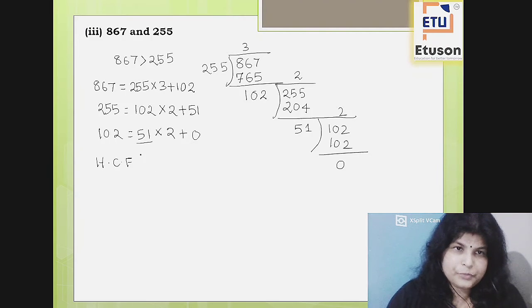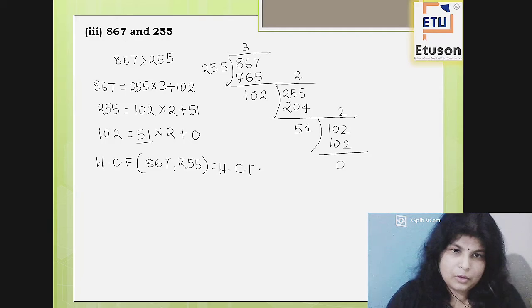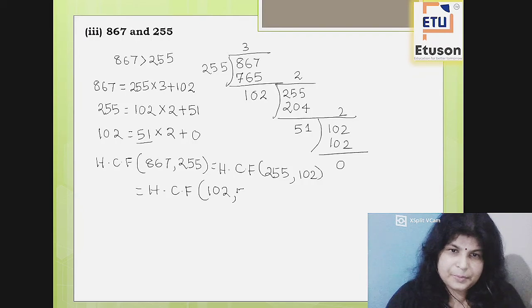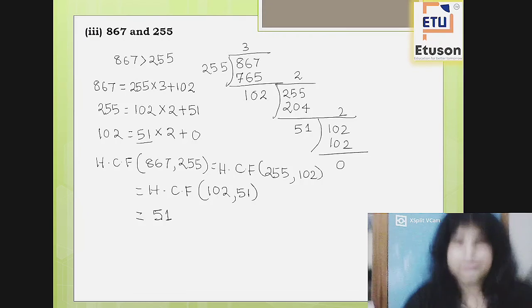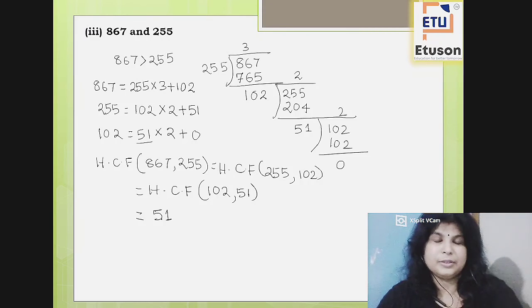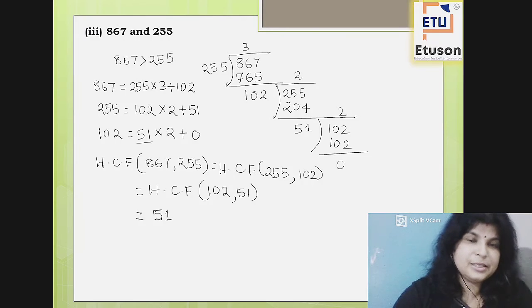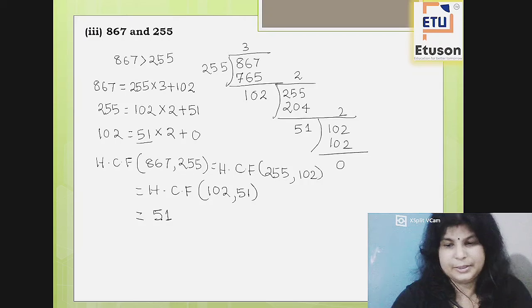So HCF of 867 and 255 is equal to HCF of 255 comma 102 is equal to HCF of 102 comma 51 is equal to what? The answer is 51. So I think now you are clear in finding out the HCF using Euclid division algorithm.